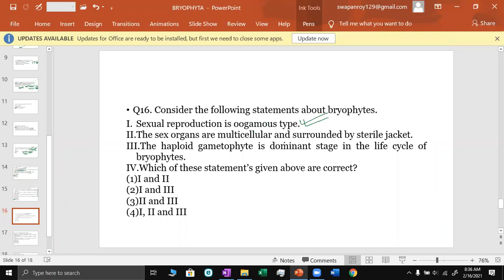Sex organs are multicellular and surrounded by a sterile jacket. This is correct. Haploid gametophyte is the dominant stage in the life cycle. This is also correct. Which of these statements are correct? All three: 1, 2, and 3.